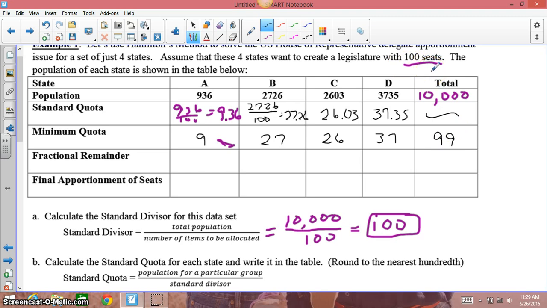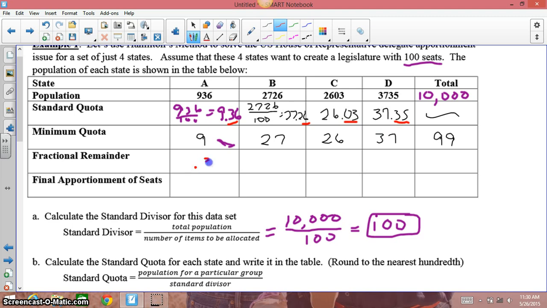And here's where we're trying to figure out, where does that extra seat go? According to Hamilton's method, it goes to the one that has the highest fractional remainder. The fractional remainder is going back and looking at all of those decimals from the standard quota. So I gave you a line in your table to actually write down what the fractional remainders are.